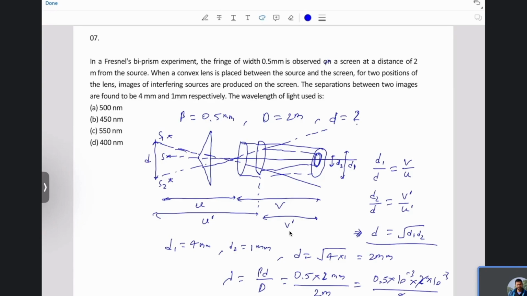So you will have 500 nanometer is the wavelength of the light. Okay, so this is how you can calculate the distance between the two sources using a convex lens.